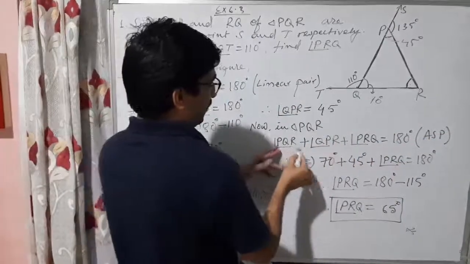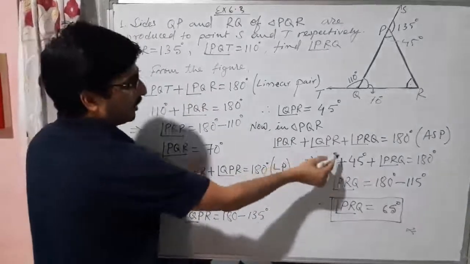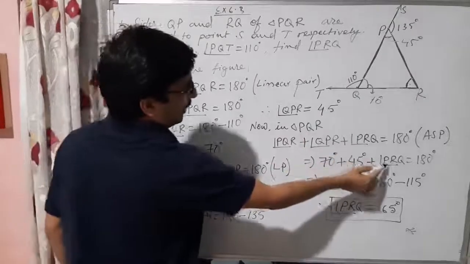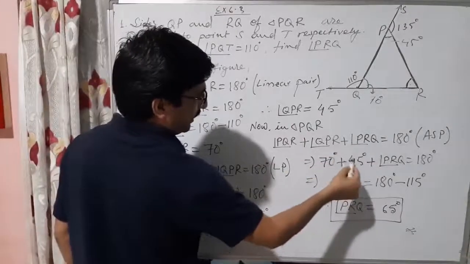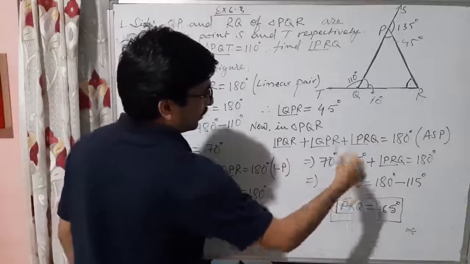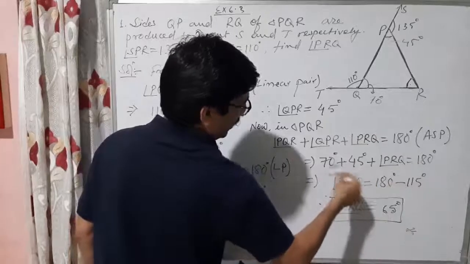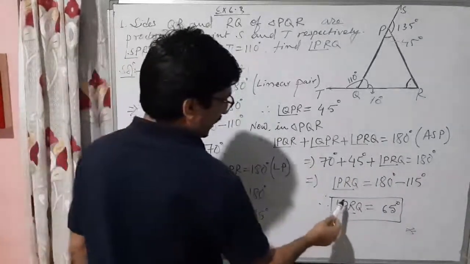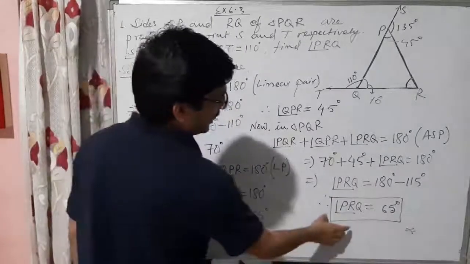Now PQR is 70 degree, we have got here, and then QPR equal to 45 degree, and then PRQ. Now this 70 plus 45 makes 115 degree. Then it goes that side, then PRQ equal to 180 minus 115. So angle PRQ is equal to 65 degree. So our answer is 65.